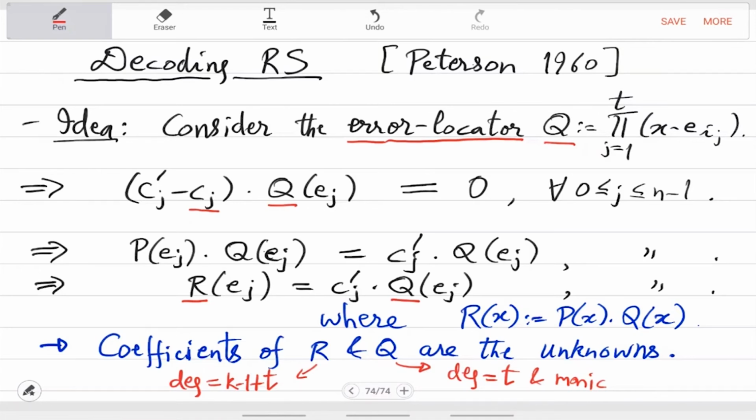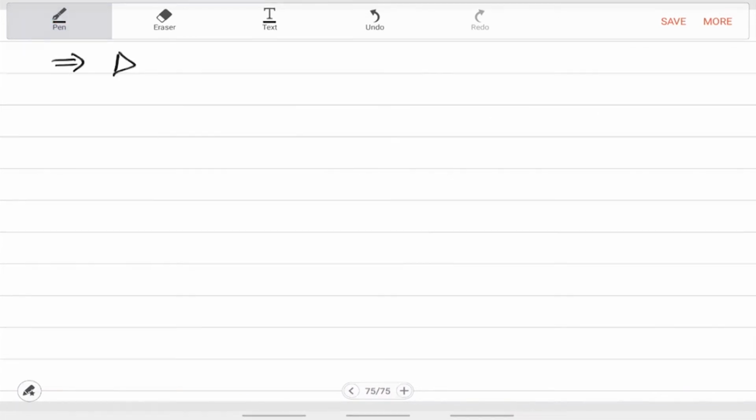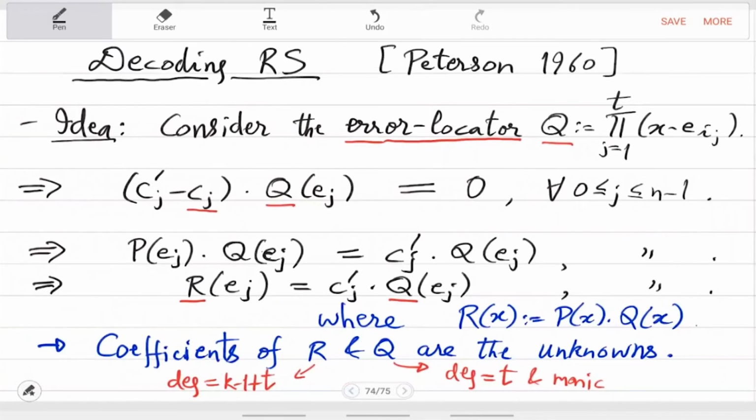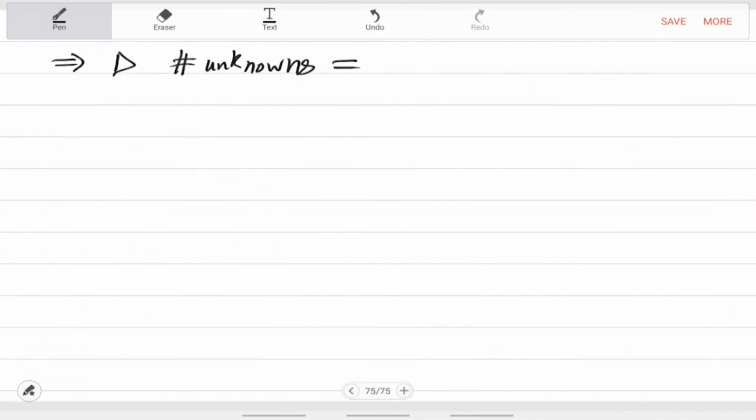So this means that the number of unknowns is, for R, K minus 1 plus T plus 1, because it was not monic, degree plus 1.